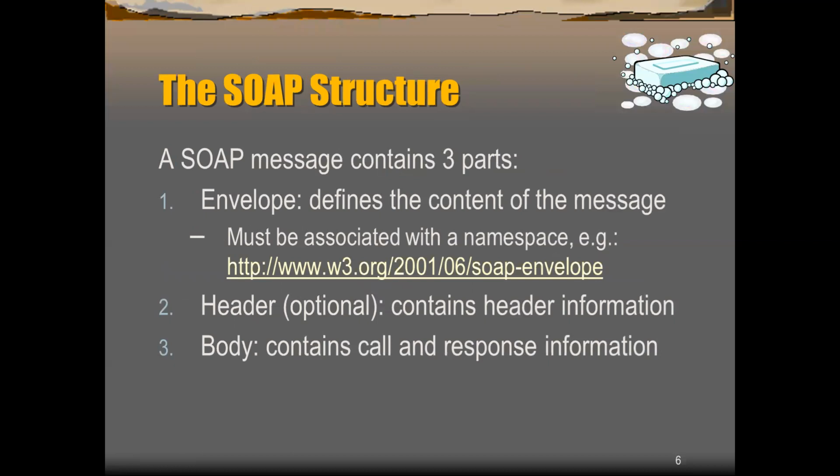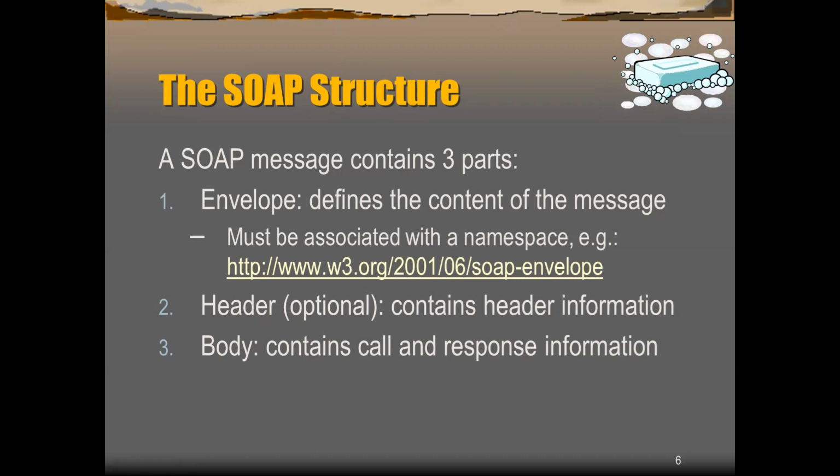The SOAP message consists of three parts: one is the envelope, second is the header, and third is the body. Envelope is mandatory, whereas header is optional. Header contains the header information. Body contains the actual content of the message or data, whatever we are going to transfer.